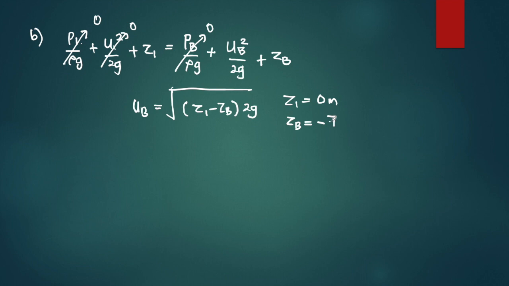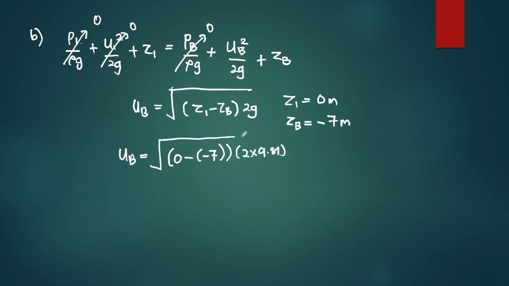So negative 7 meter. So substitute your value. So UB equal to 0 minus negative 7, times 2, times 9.81 meter per second squared.